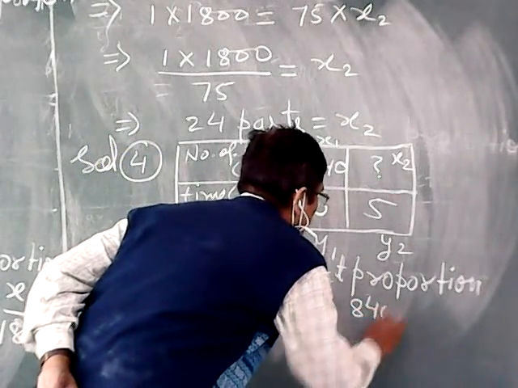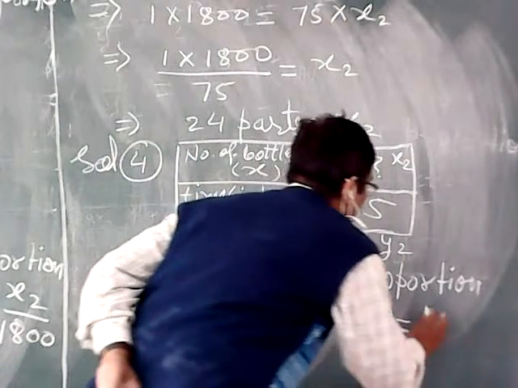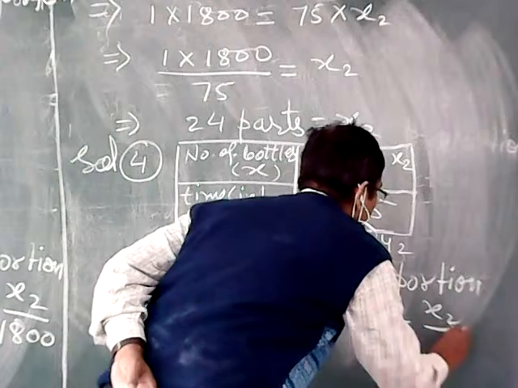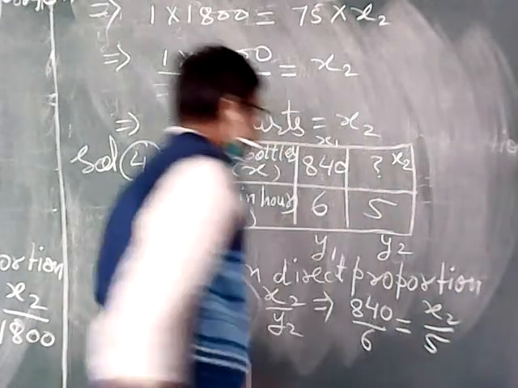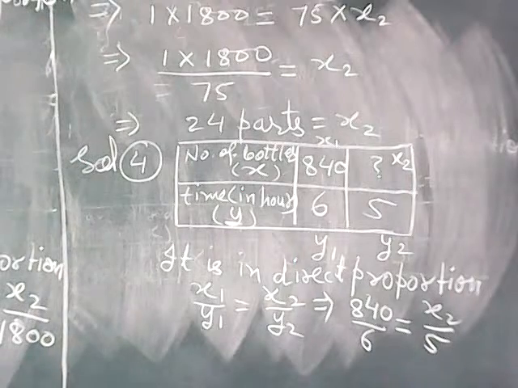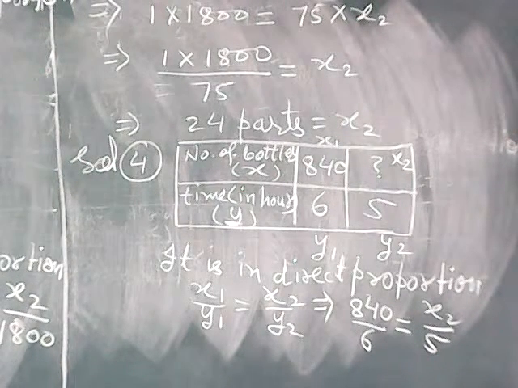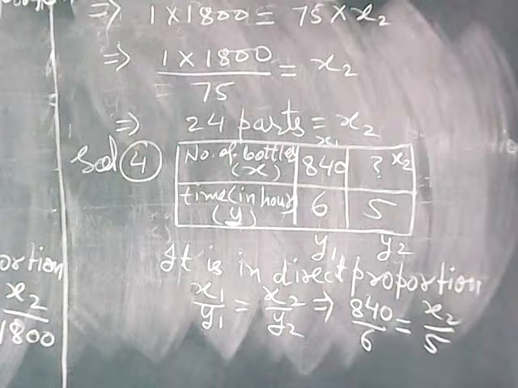This is 840 by 6 is equal to x2 by 5. So, using cross multiplication, we can solve this.